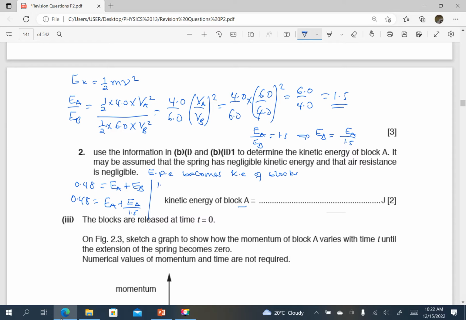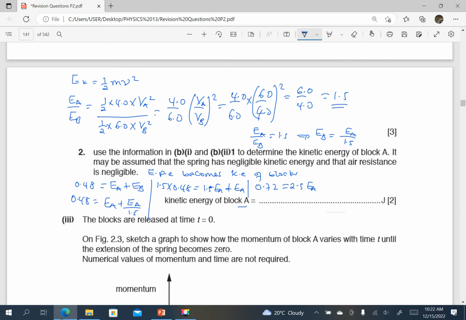So I have 1.5 times 0.48 equals 1.5 kinetic energy of A plus kinetic energy of A. So when you combine 1.5 plus 1, and I multiply 1.5 times 0.48, I have that 0.72 is equal to 1.5 EA plus EA, that is 2.5 kinetic energy of A.